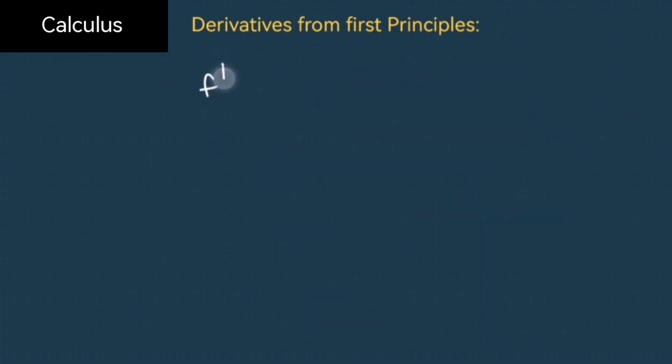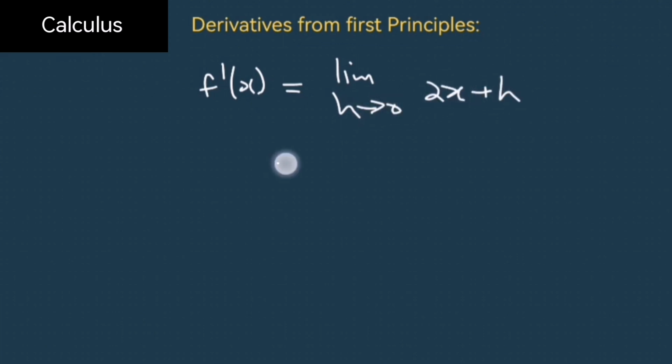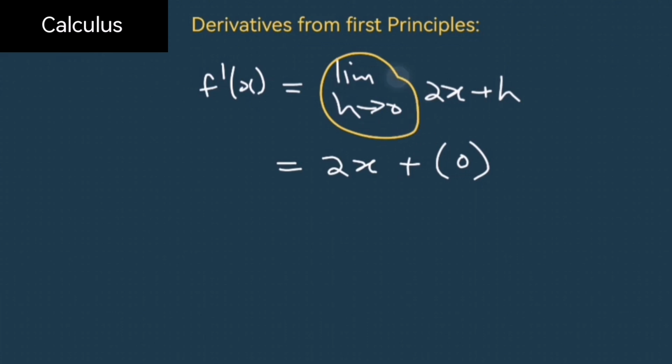So to continue here on top, we have the limit as h approaches 0 for 2x plus h. Now, this is the point where you want to substitute h with 0. And the moment you substitute h with 0, you do not have to write this anymore, because h has finally reached 0. And therefore, the derivative of f of x is 2x.